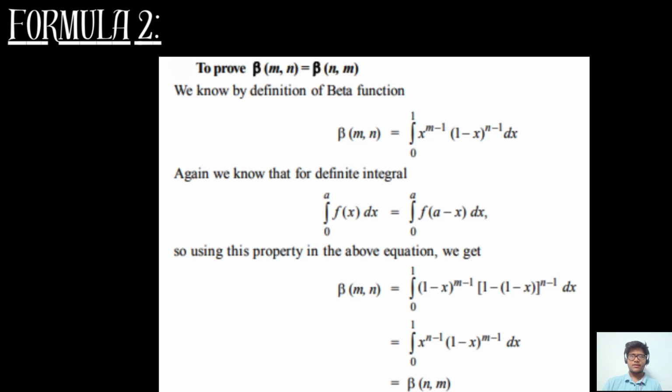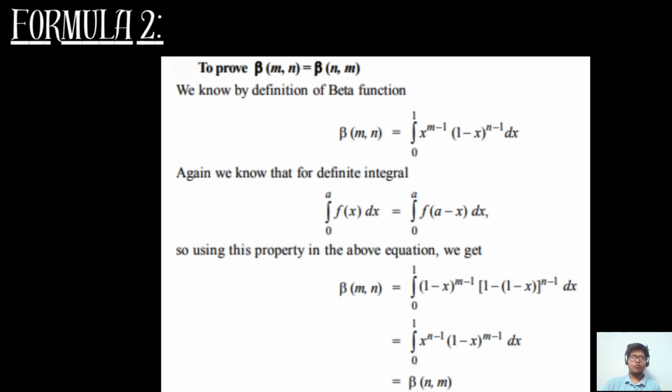Now we use the basic principle of definite integrals, that is integral 0 to a f of x dx is equal to integral 0 to a f of a minus x dx. This we have learned in our 12th standard. I hope you all remember this basic principle of definite integrals.